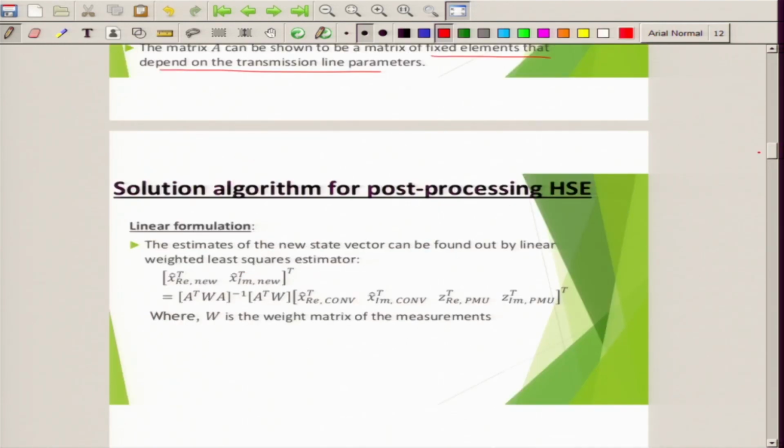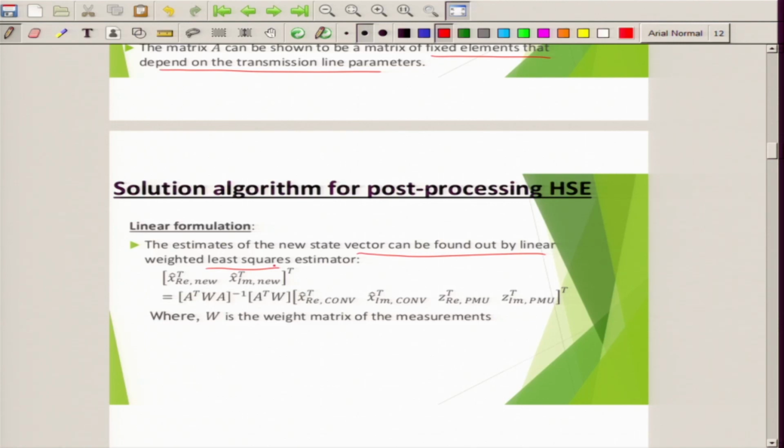So, the estimates of the new state vector can be found by a linear weighted least square estimator. Again, we have to use the same technique as that of the weighted least square approach which we had used for the conventional state estimator here as well.